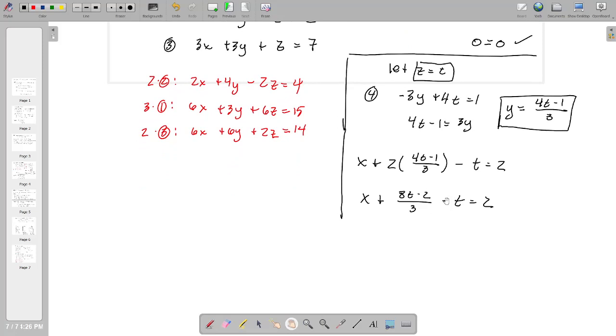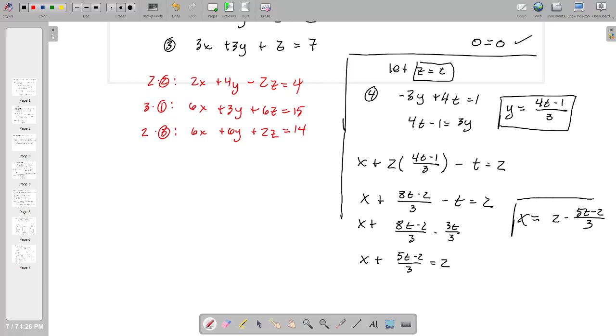Find a common denominator so that we can combine these. X plus 8t minus 2 over 3 minus 3t divided by 3. So we have 8t minus 3t. X plus 5t minus 2 over 3 is equal to 2. And if we just subtract this entire piece over, we'll get x is equal to 2 minus 5t minus 2 all over 3 here.